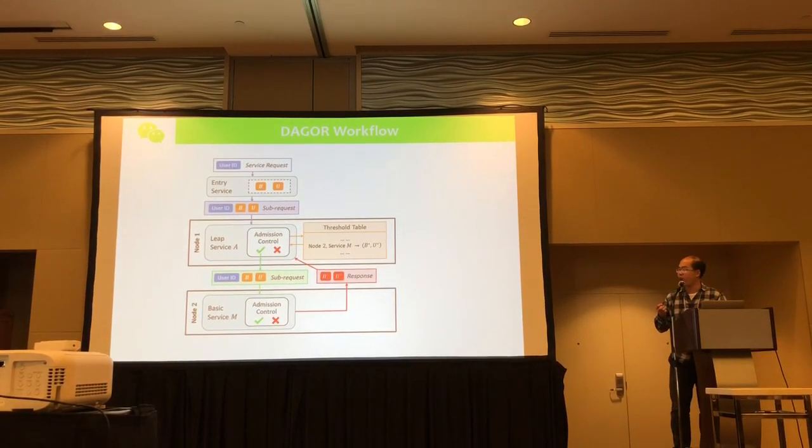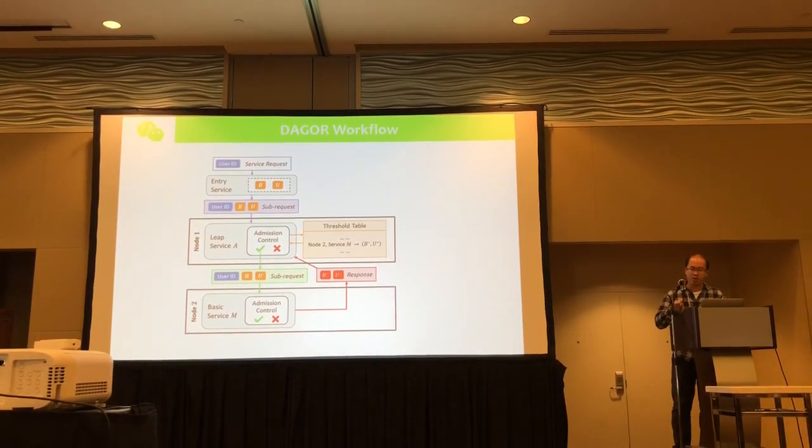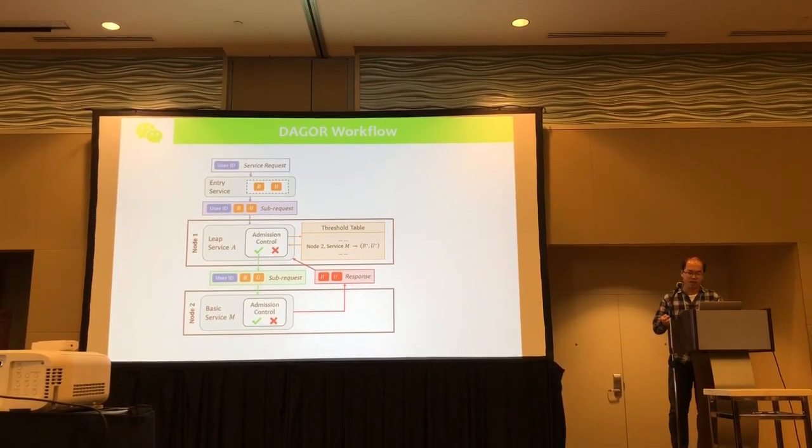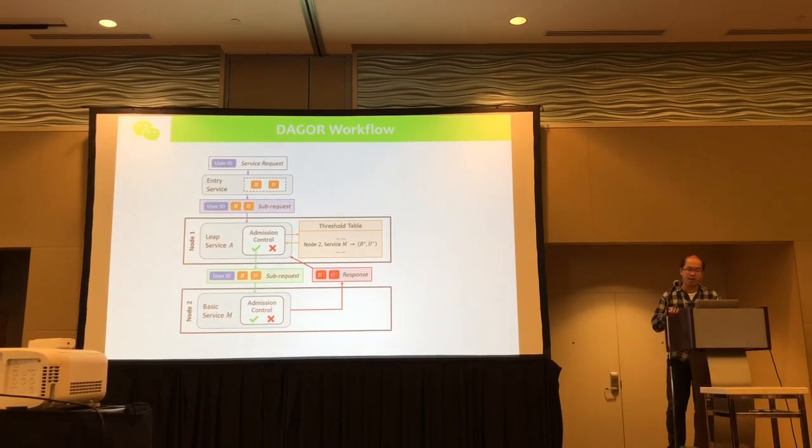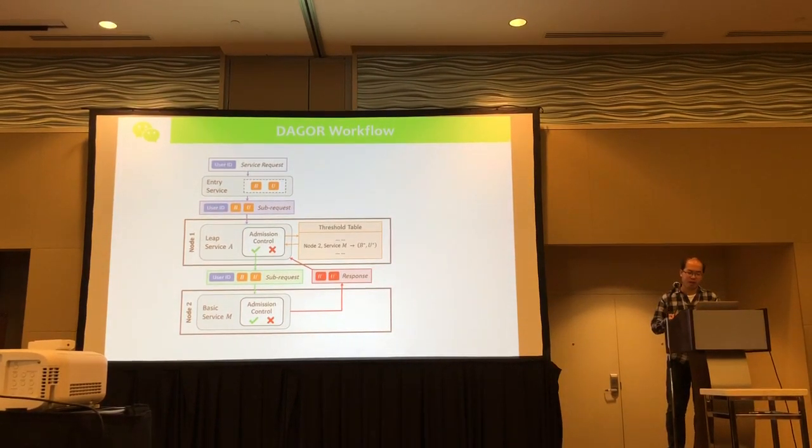If the admission control allows the service to send to the downstream services, then you will send a new request with the same business and user priority.